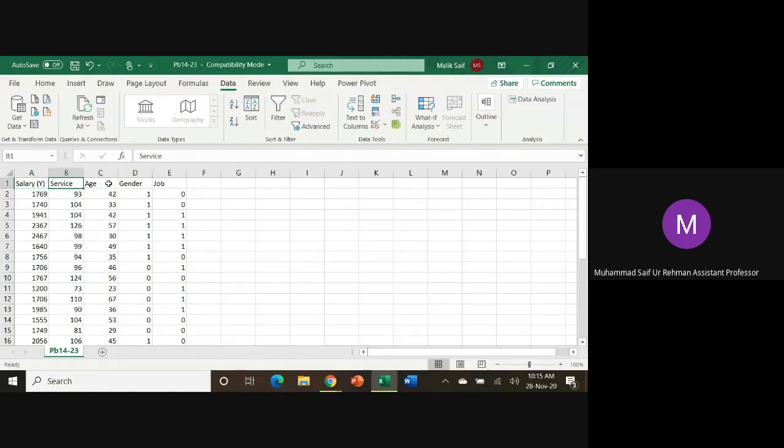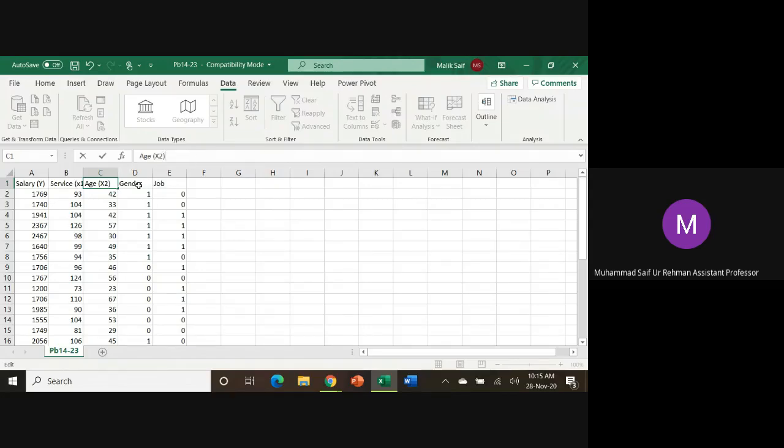Then there comes service, which is your independent variable, and we are going to denote it with x1. Then there comes age. Age is another independent variable and we are going to denote it with x2.